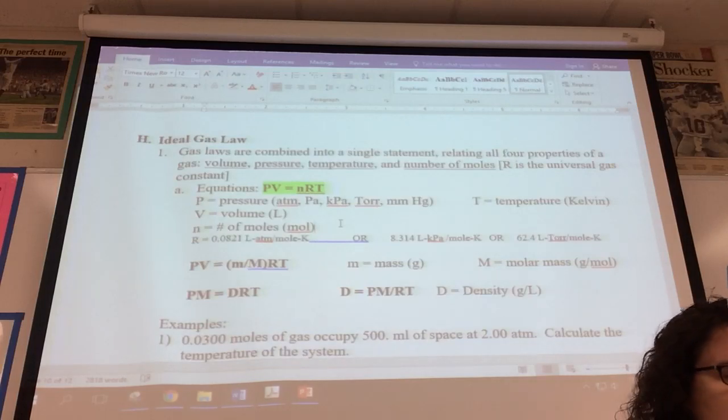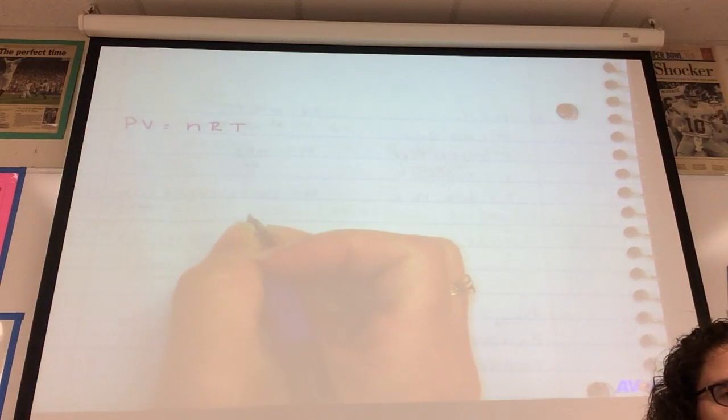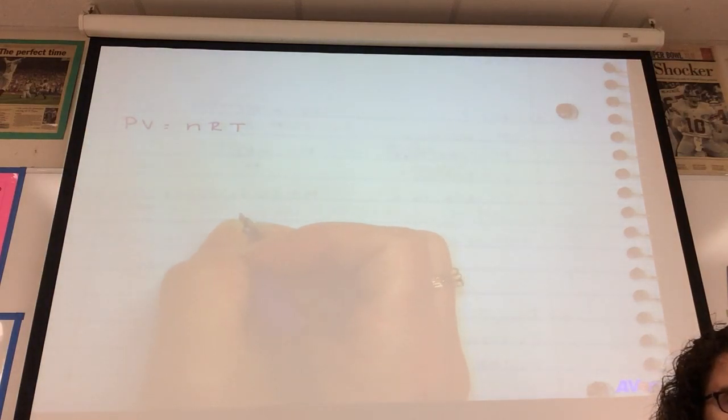Couple variations with the ideal gas law that I want to introduce up front, and then we're going to be walking through 6 examples to make sure that you can apply the ideal gas law. So the ideal gas law is PV is equal to nRT. Now in the lab, we use balances. We get mass in grams.